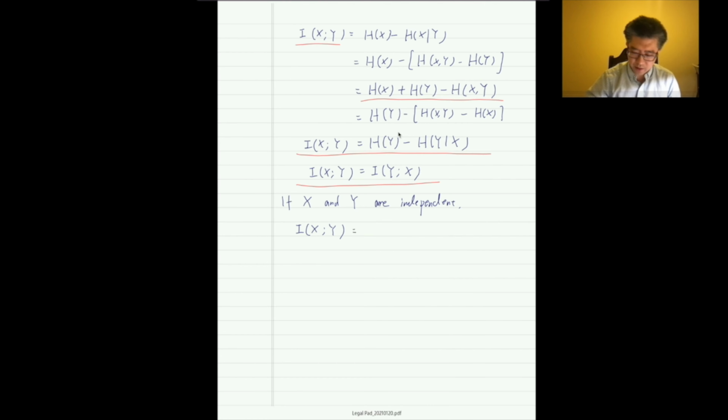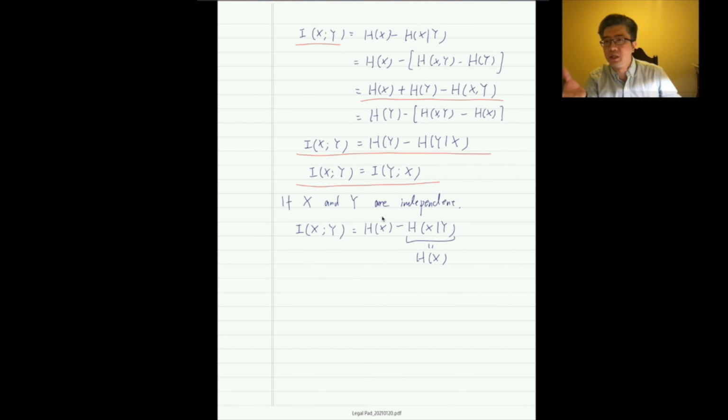As we said before, we can almost use this as a definition for mutual information, so it equals H(x) minus H(x given y). If x and y are independent, what do you think this term will equal? Independent means that in all the probability terms, the given doesn't matter, so this will equal H(x). In other words, if x and y are statistically independent, by observing y we cannot gain any information about x.